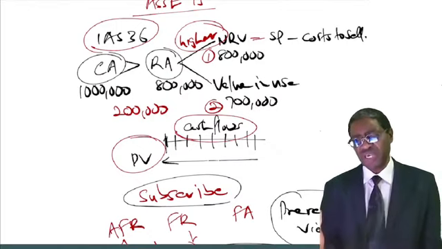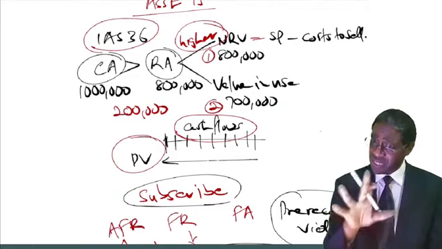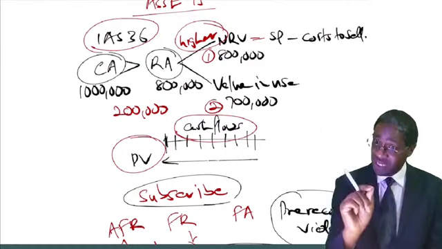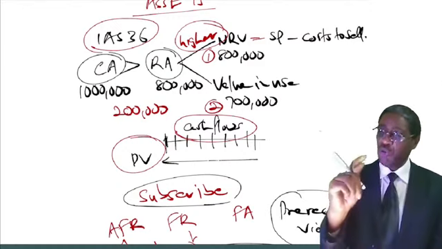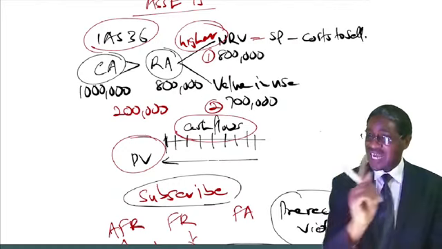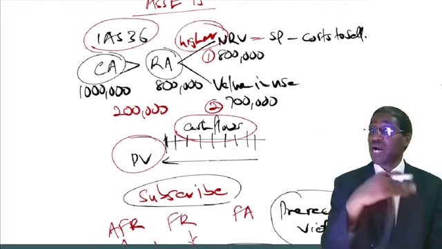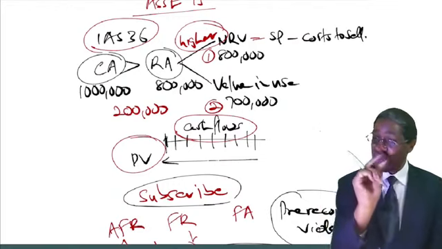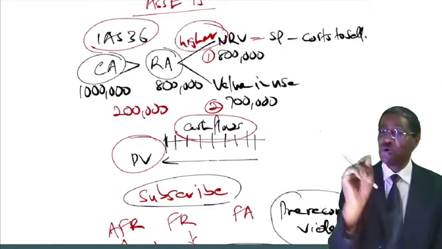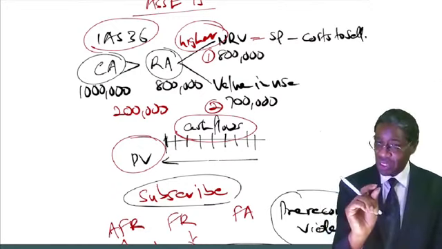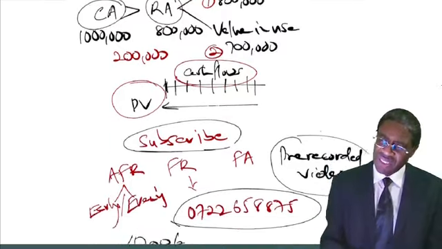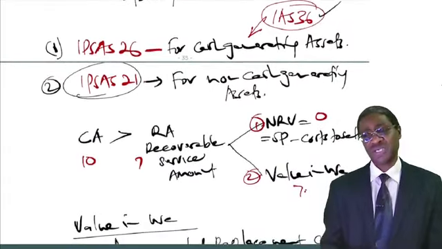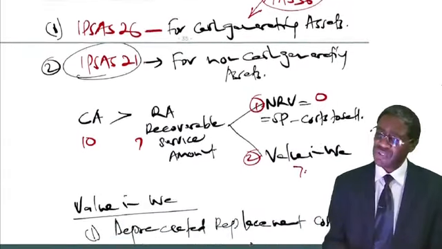So how can you define it? Under IAS 36, when you define value in use, we normally say it is the present value of the estimated future cash flows. That is under IAS 36 or under IPSAS 26, because those assets are generating cash flows. But how then can you define value in use on non-cash generating assets, when there are no cash flows?